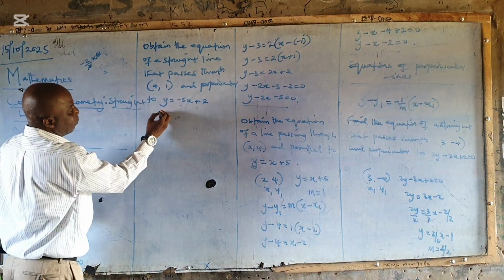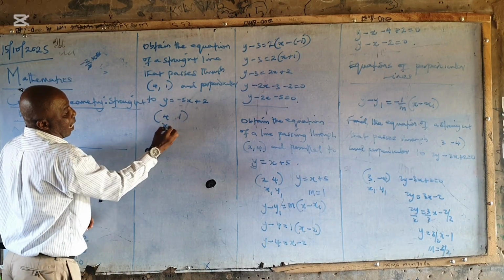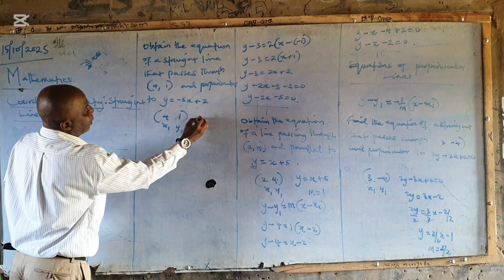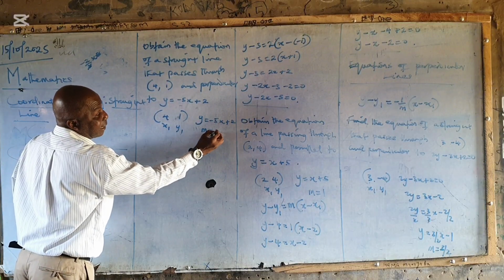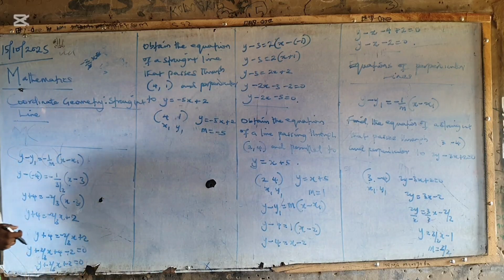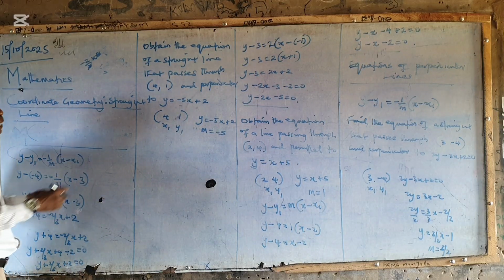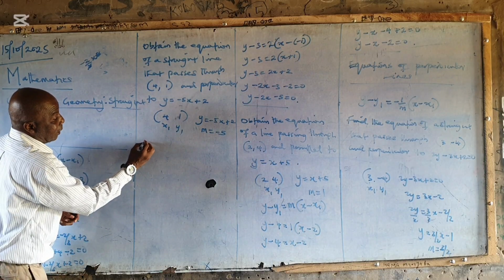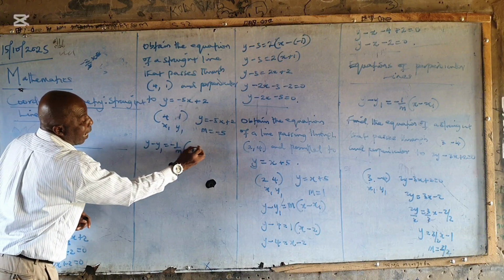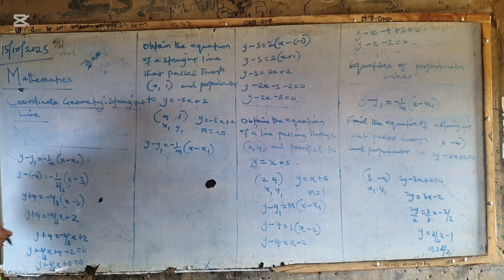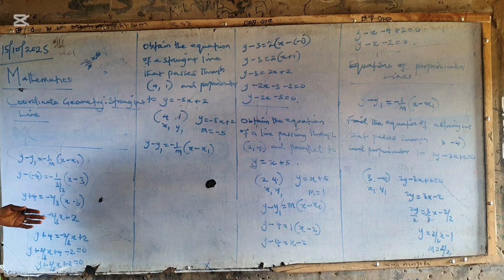Now let's look at the coordinate 4, 1. That is x1, y1. And from this equation, y equals minus 5x plus 2, your gradient is simply minus 5. Isn't it? And the equation of a perpendicular line is y minus y1 equals minus 1 over m into x minus x1. And then you begin to substitute the values in the equation.